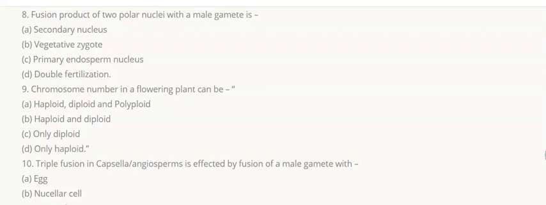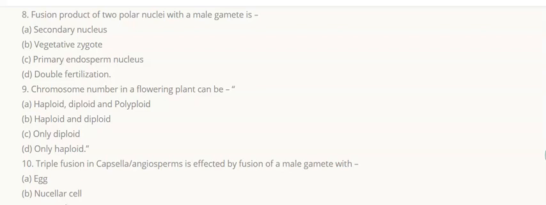Chromosome number in a flowering plant can be haploid, diploid, and polyploid. It can be haploid and diploid. It can be only diploid, or it can be only haploid. So we go with option A, because haploid, diploid. Well, you may refer to your notes on polyploidy also, or just see my notes on the net.